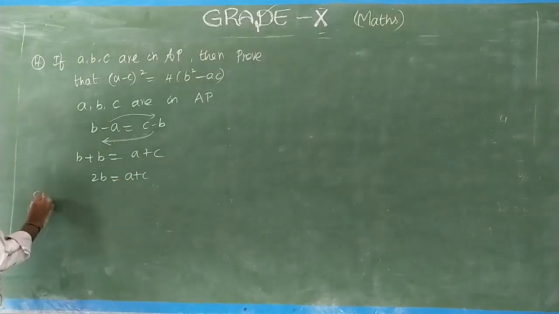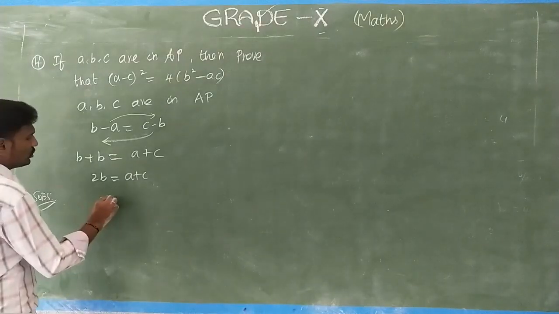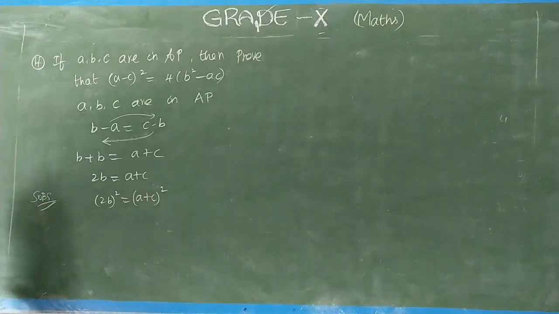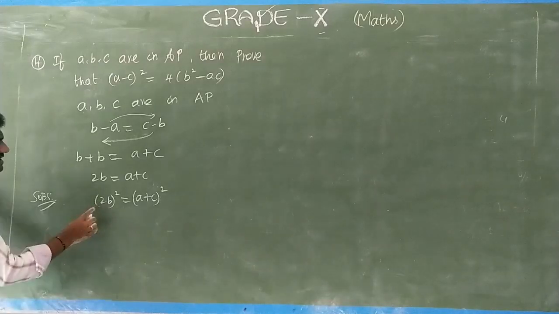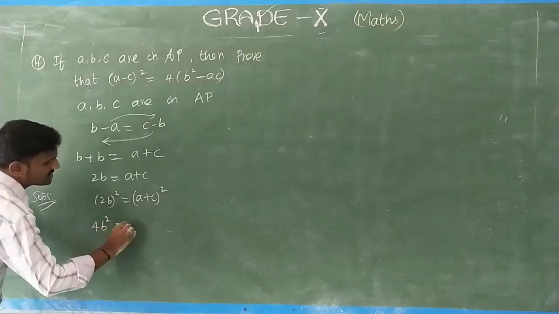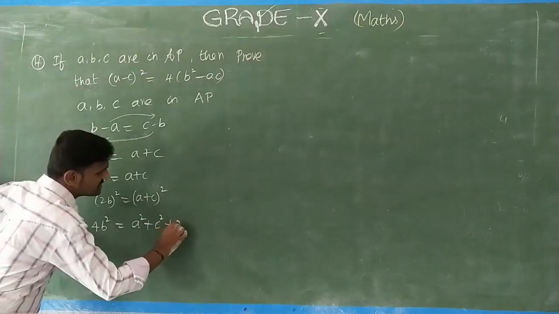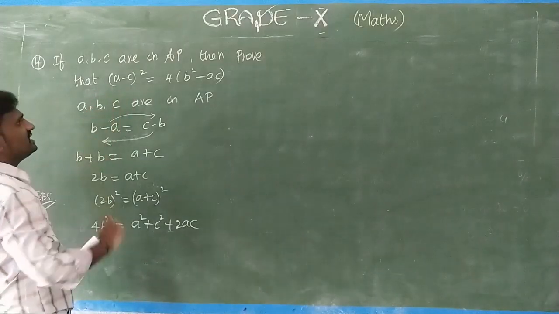Now I am taking squaring on both sides. So we get (2B) the whole square equal to (A plus C) the whole square. If you are going to square any number, take the same on both sides. That is 2 square, 4B square, which is equal to (A plus C) the whole square, which is what, students? A square plus C square plus 2AC. Now see, this is your step. Now we want to prove (A minus C) the whole square only.